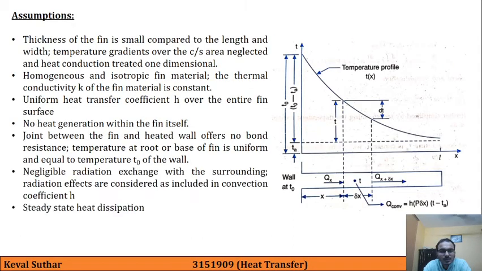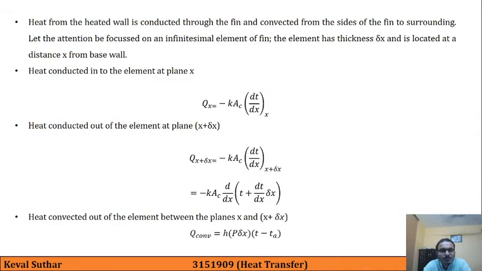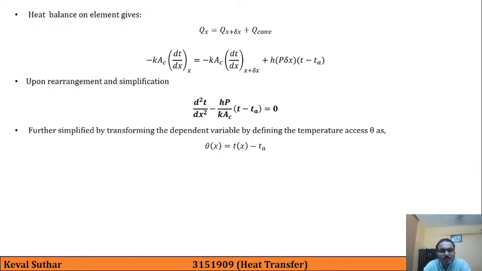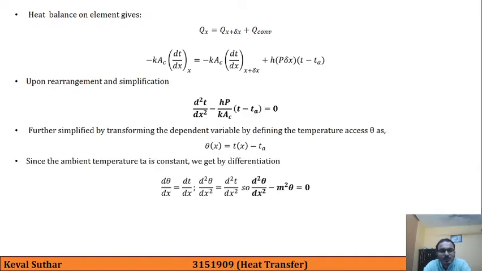These are the assumptions which are necessary for our analysis, and then we analyzed it with energy balance, and thus we obtained the governing differential equation.